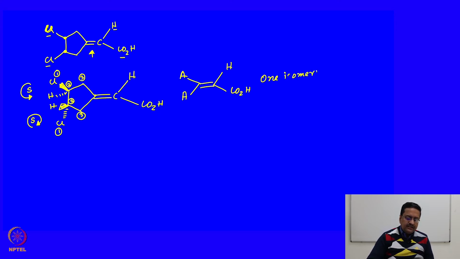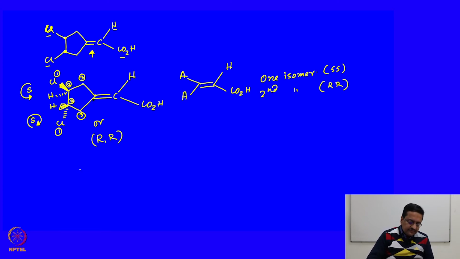The only possibility is to have this as SS or RR. So, this is the SS form and that is the RR form. So, you have one isomer which is SS, the other isomer is RR, and there is no geometric isomer possible for this.